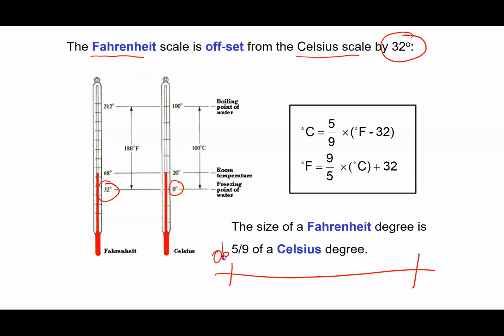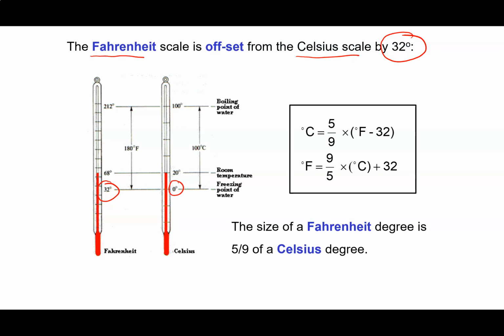If I have an object that weighs 0 kilograms, it also weighs 0 pounds, right? If the length of my object is 0 meters, the length of my object would also be 0 feet. Similarly, if I'm at time equals 0 seconds, I would also be at time equals 0 hours.